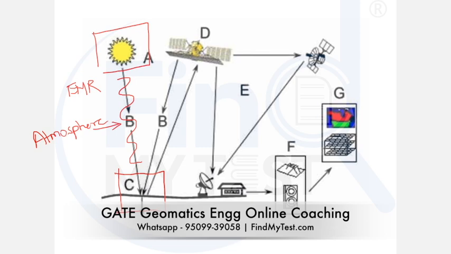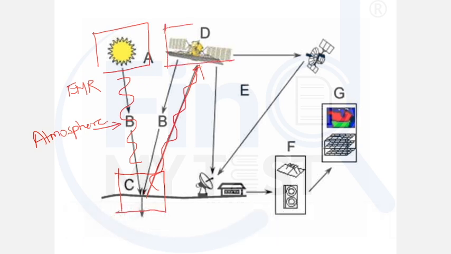Some of the energy gets reflected back, some of the energy gets emitted, and some of the energy gets transmitted and absorbed. This is the reflected energy, again in the form of electromagnetic radiation. This radiation is sensed by the sensor on the satellite.